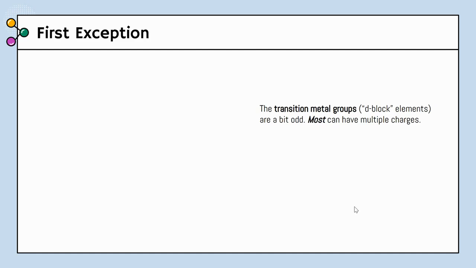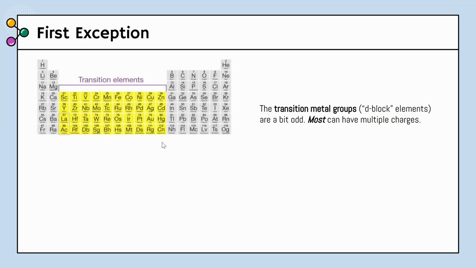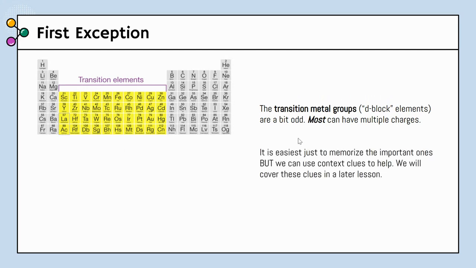So the first exception to our charge rule, as we talked about, the transition metals are a bit odd. That's because most of these elements in the center of the periodic table can have multiple charges. It's really easy just to memorize the important ones, but we will talk about context clues later, actually in this lesson, to figure out what those charges can be.